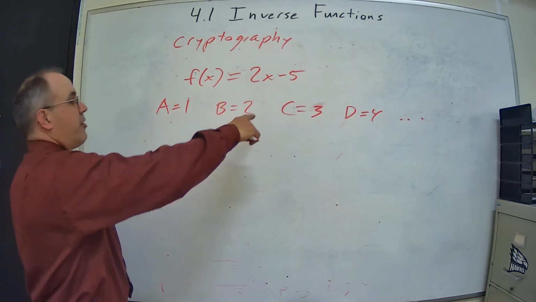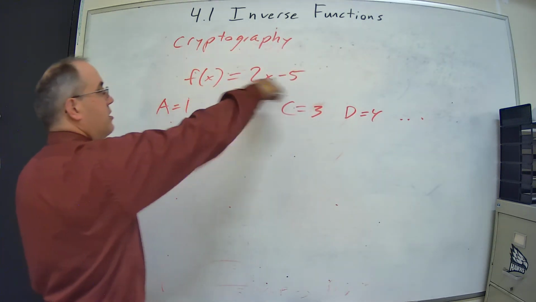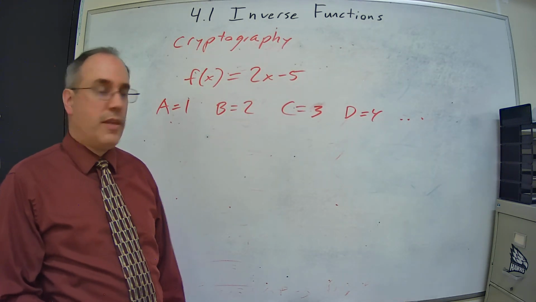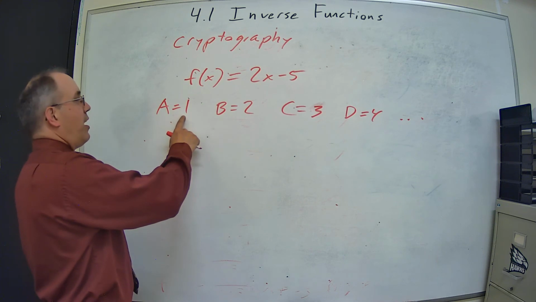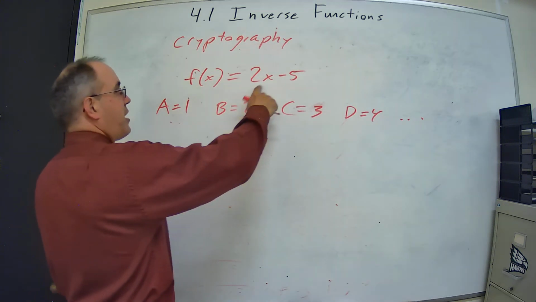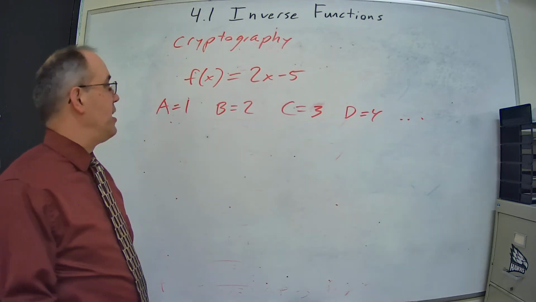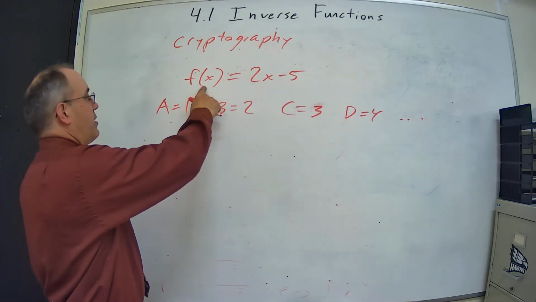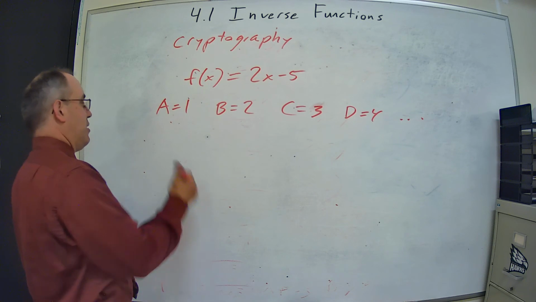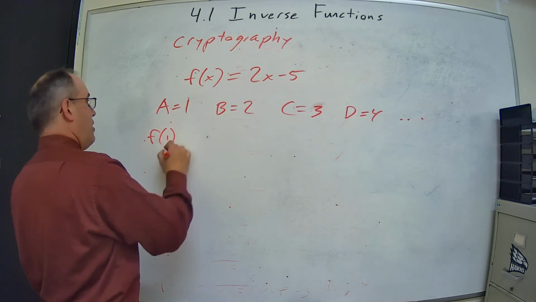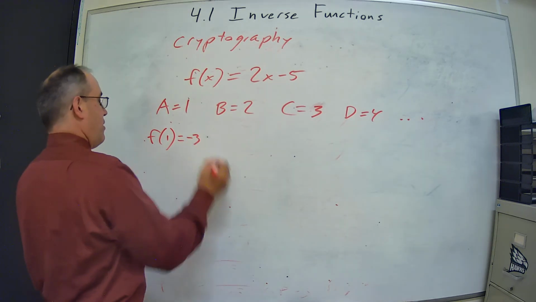So with this here, now we can use this function to encrypt a message. If I plug in 1, you get 2 times 1 is 2, minus 5 is -3. So our output would be -3. So f of 1 is -3.